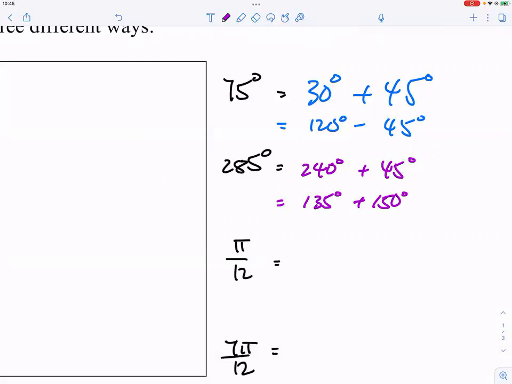I would say the first one would be better, because you have a quadrant one angle. Whenever you have a quadrant one angle, that makes your life easier because you have one less thing to worry about. You do not have to worry about the signs.